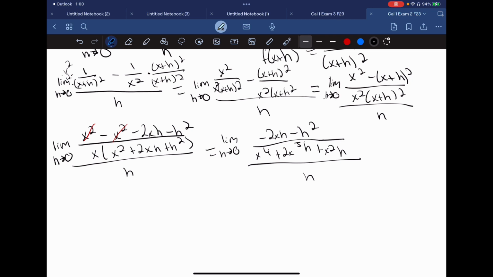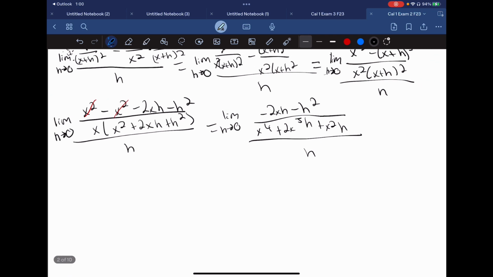Factoring out h from the top, we can then cancel it with the denominator of the entire thing, which is going to be that h.